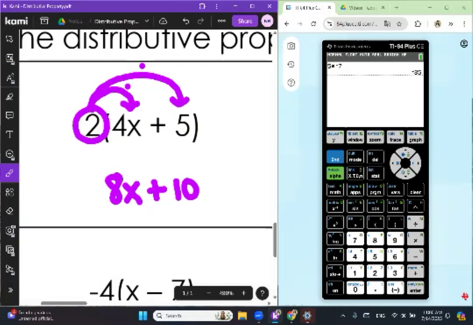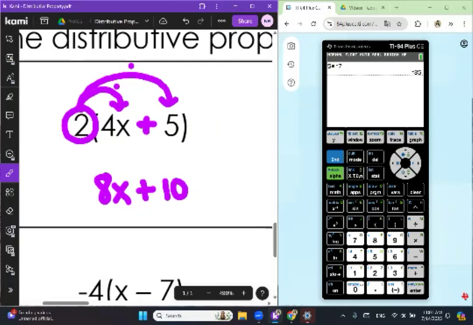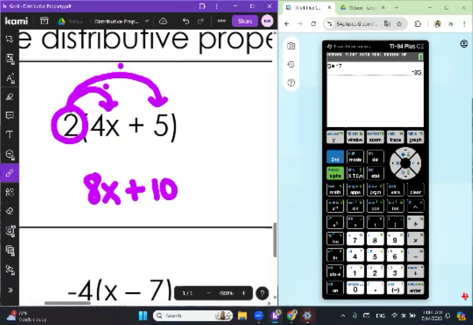Because some students see that plus sign right there, and what they want to do is multiply these, but then add the second 2. No, you're multiplying each time. Don't get confused by that plus sign right there.